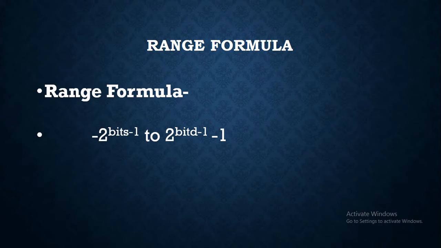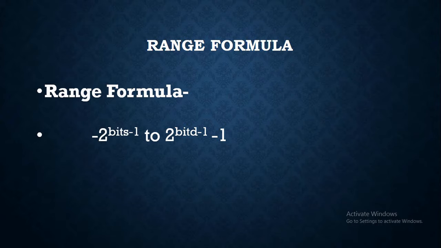The very short formula is written: minus 2 to the power (bits minus 1), to 2 to the power (bits minus 1), minus 1. What is the meaning of it? In Java, a character takes 2 bytes, whereas in C language, a character always takes 1 byte.